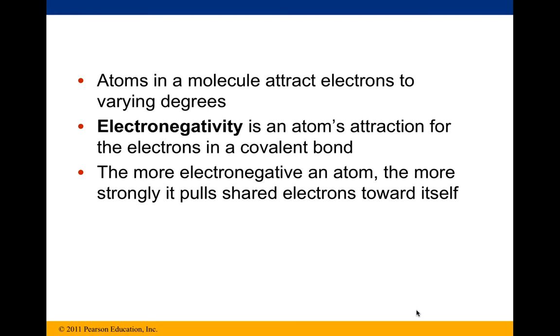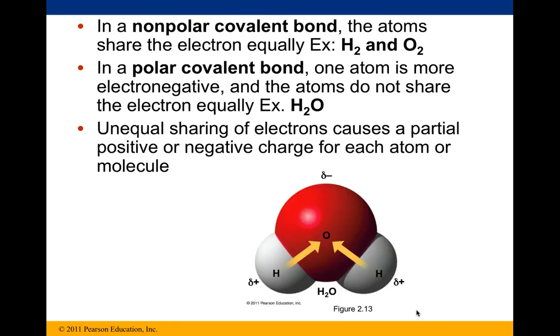This is attraction for not only its own electrons. An atom, when it is attracting the electrons of another atom, another particle, this is called electronegativity. Fluorine, chlorine, oxygen, and some other elements in periodic table have high electronegativity.